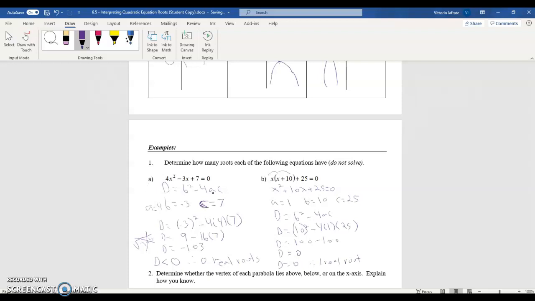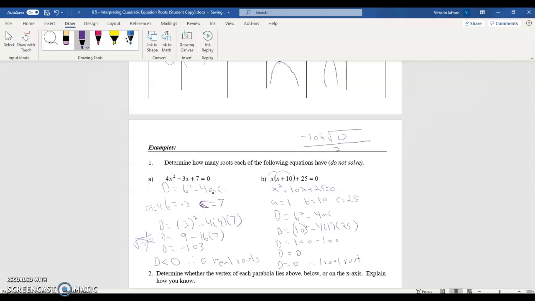Because if you do your quadratic formula for this here, you would get something like this. You would get your minus b, so minus 10, plus or minus square root of, well, 0, right? That's what we got for our discriminant, over 2a. 2a is 2 times 1, so over 2.